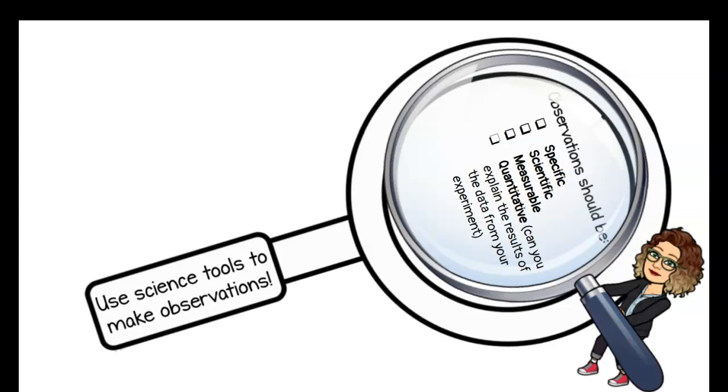And your data, your observations, must be quantitative. Can you explain the data from your experiment? You have to. So what that means is you have to prove what you observed. Okay?